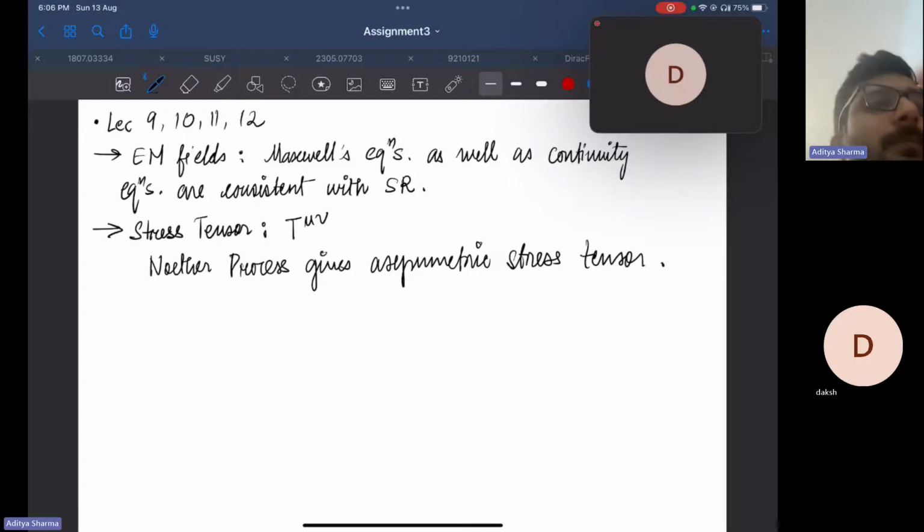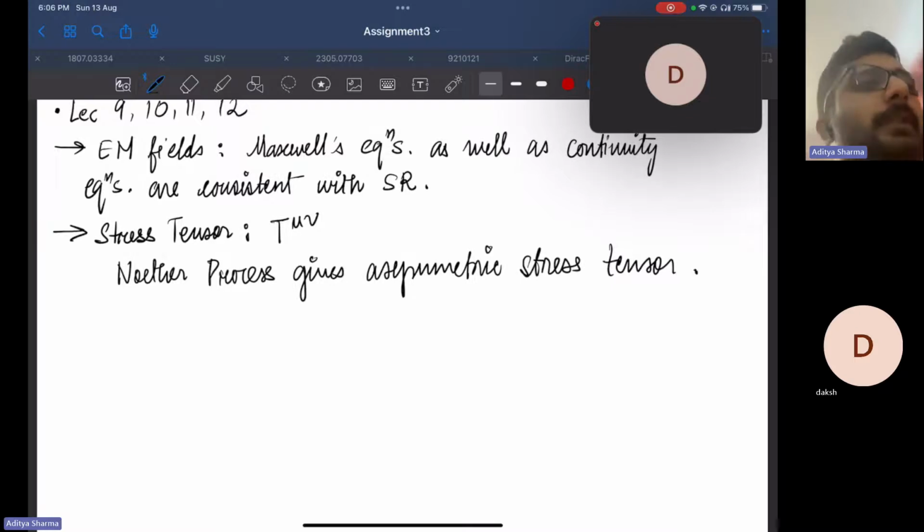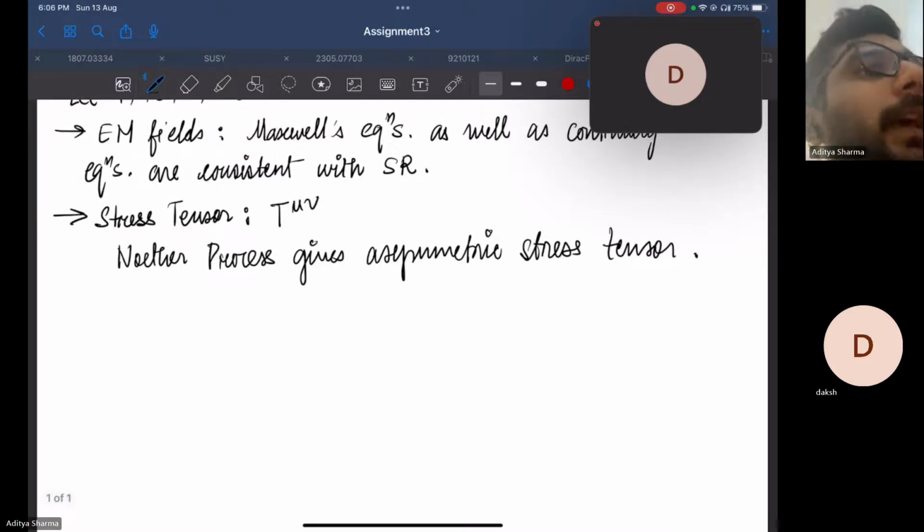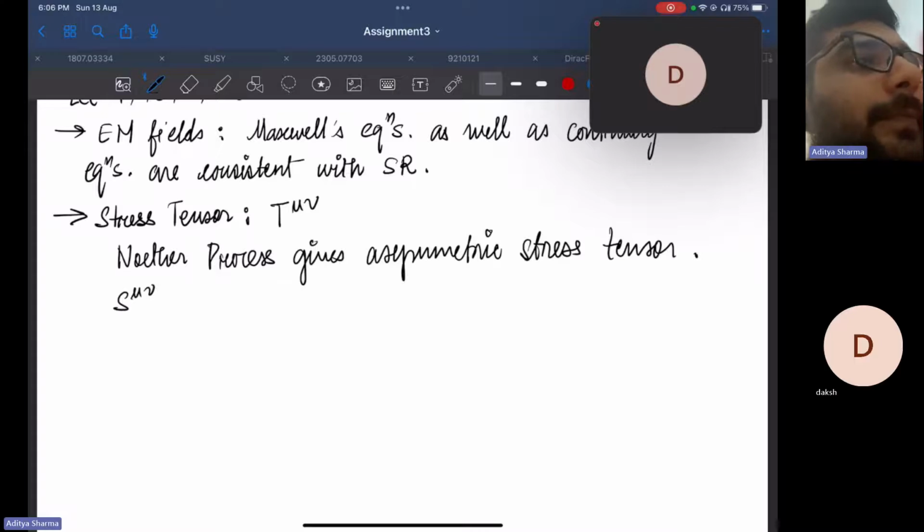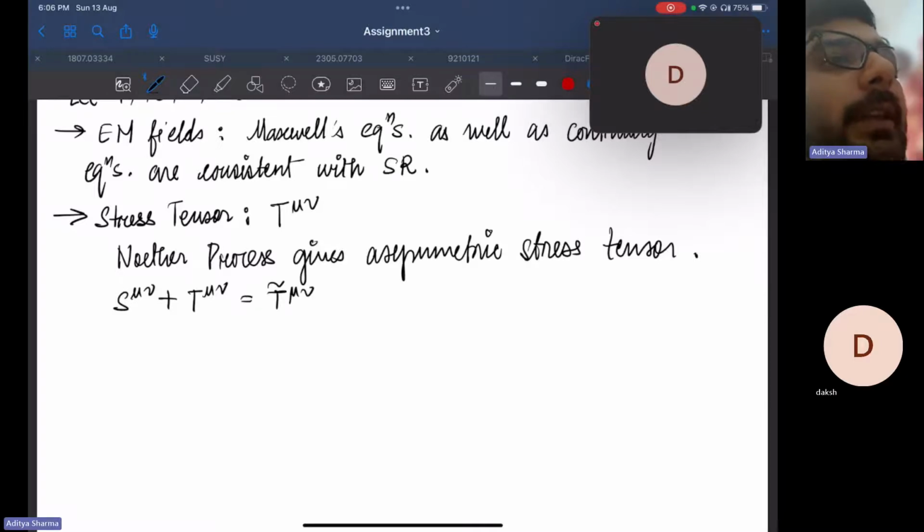We can add a divergence-less term S mu nu to this T mu nu and define a new stress tensor.